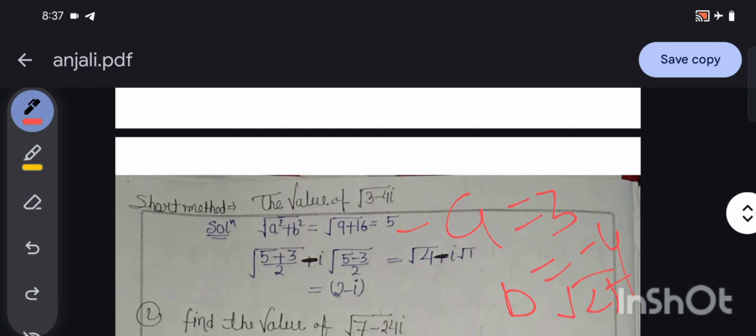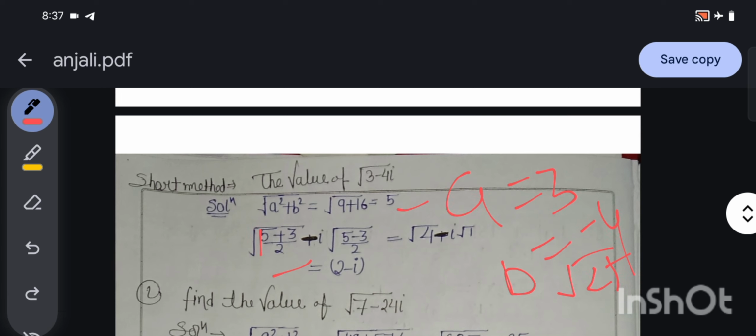Then we add and subtract the value of a from 5. So the next one is root of (5 plus 3) upon 2. It is clear? Minus iota root of (5 minus 3) upon 2. What will be your answer?